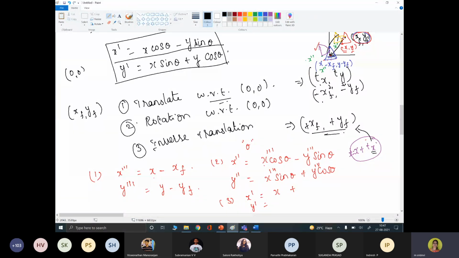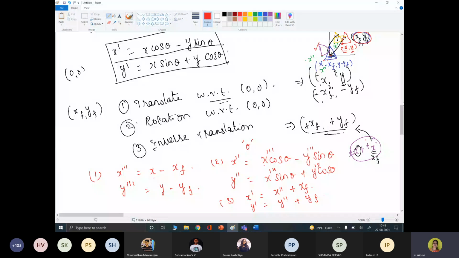What about your x now? x is x double dash, because this point we are talking about is x double dash plus xf. y dash is y double dash plus yf. So this is the final object we have obtained here.